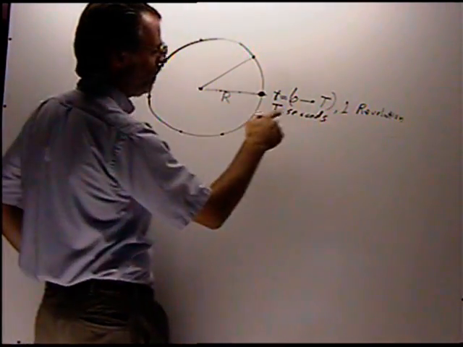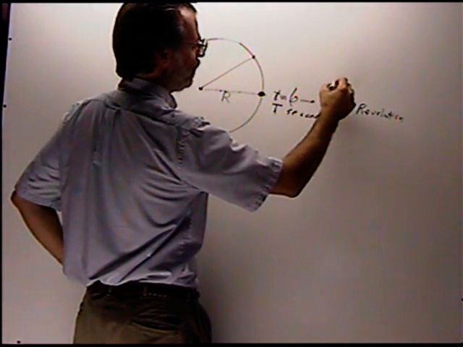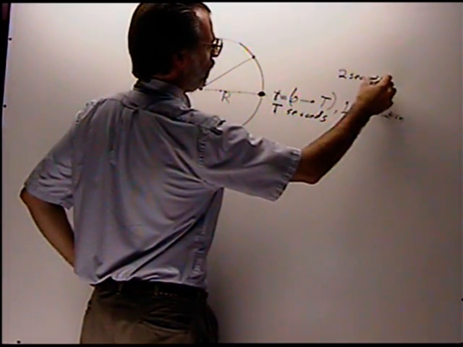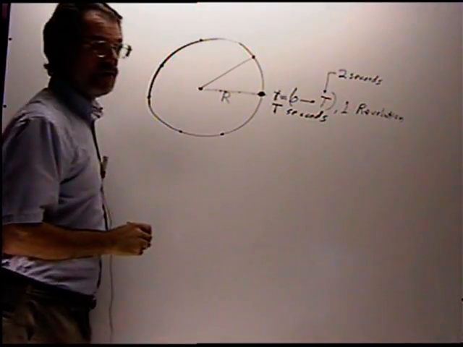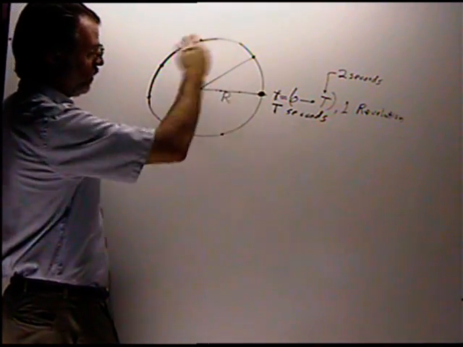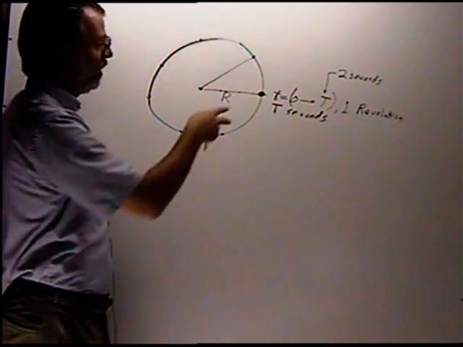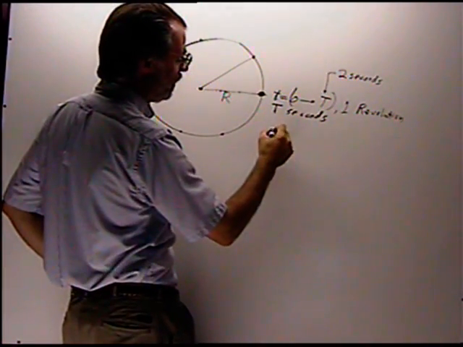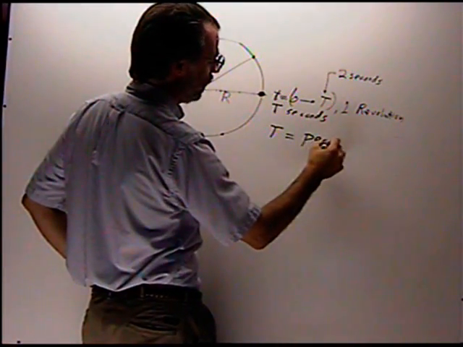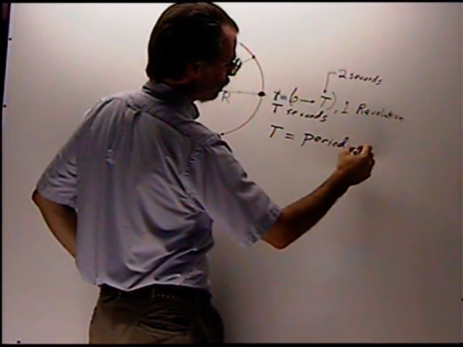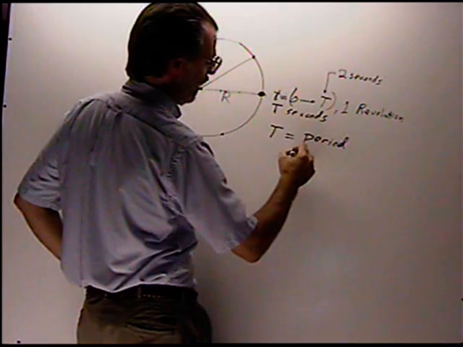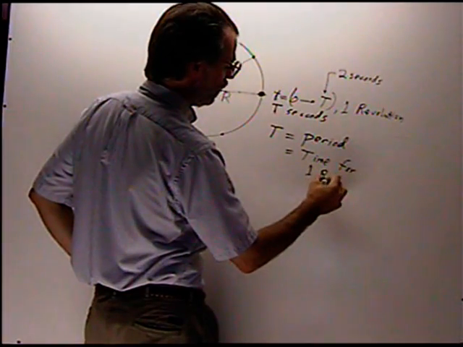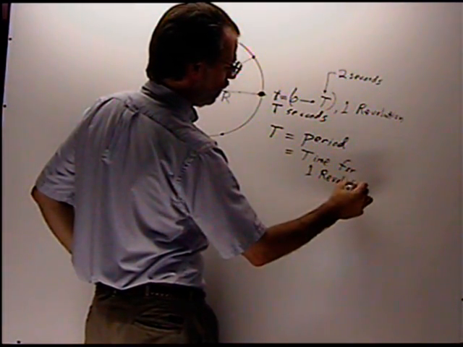Maybe, just as an example, this t is 2 seconds. So it makes one revolution every 2 seconds. Two revolutions would take 4 seconds, 3 revolutions would take 6 seconds, etc. This t we call the period of revolution. The period is defined as the time for one revolution.